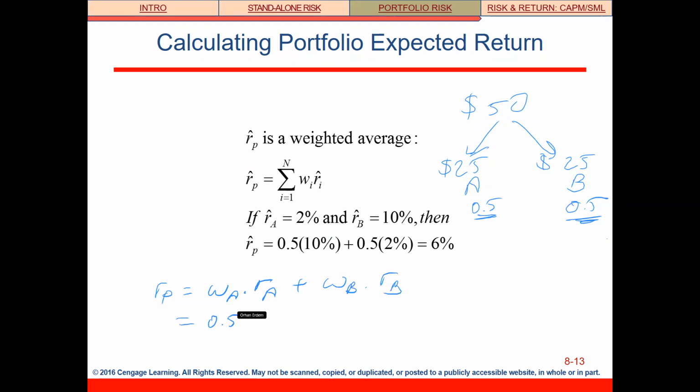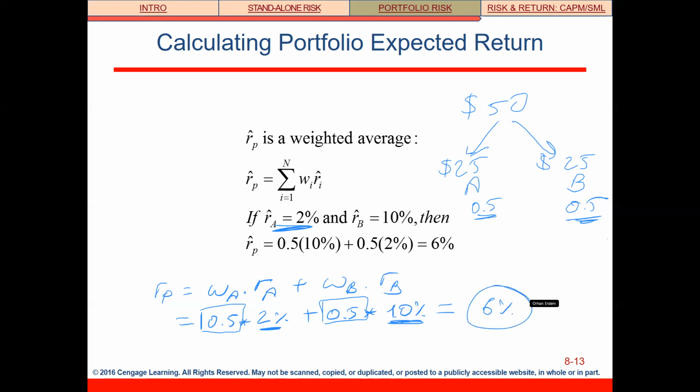So I invest 50% of my money in A, times its expected return, which is 2%, plus the weight of B, which is 50%, times 10%. These are the returns, and these numbers in square are the weights. Since they're equal weighted, unsurprisingly, it's going to be 6%, just the middle.